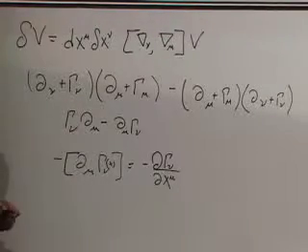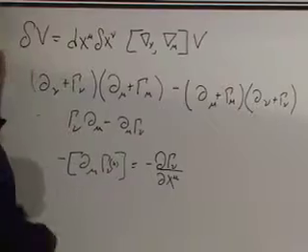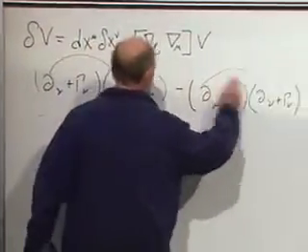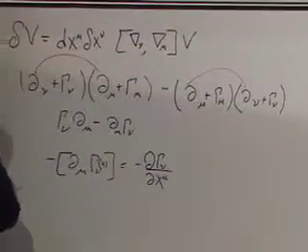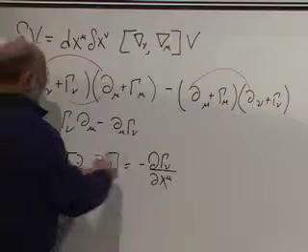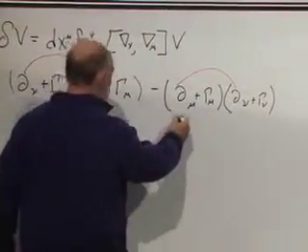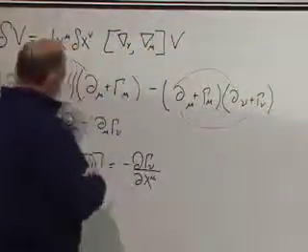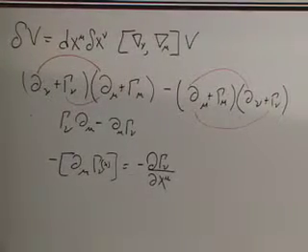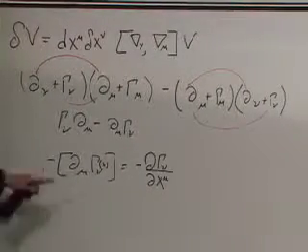Let's see, which ones have I taken care of? We've taken care of this product and that product. Now we've gotten gamma nu times d mu, that's this, and d mu times gamma nu. Now, there's another term in here. All right, let's collect this term.